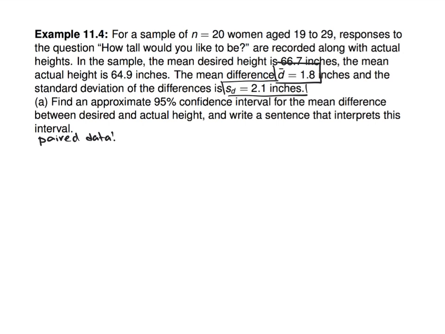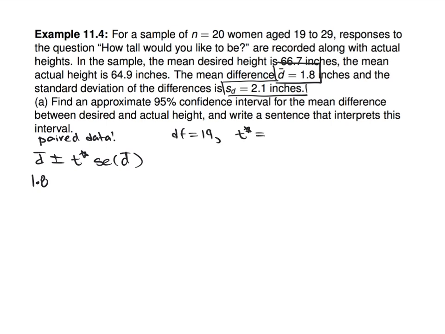Find an approximate 95% confidence interval for the mean difference between desired and actual height, and write a sentence that interprets this. So the form of this interval will be d bar plus or minus your t star multiplier times the standard error of d bar. And let's just do it all in one go. D bar is 1.8. T star, okay, well, we have degrees of freedom is 19.